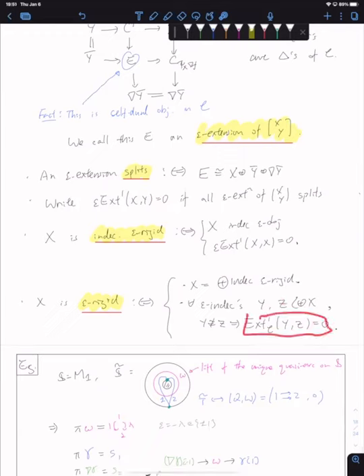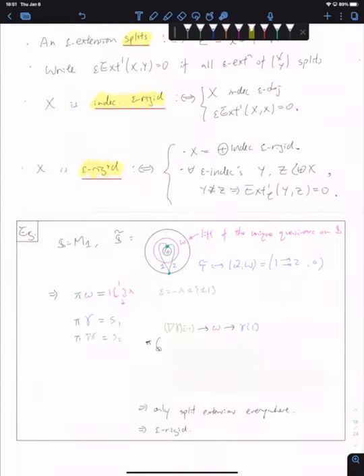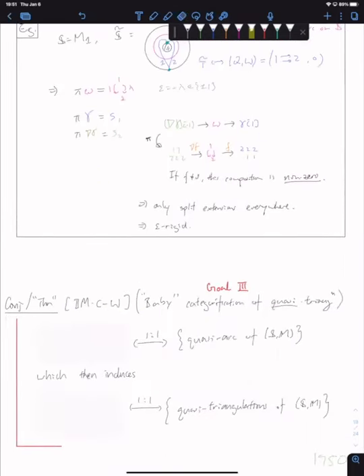If you recall, this corresponds to the non-crossing property on the surface. I have an example showing why the closed curve on the Kronecker quiver is an epsilon rigid object, but I don't have time, so I skip this and come to the final conjecture slash theorem.